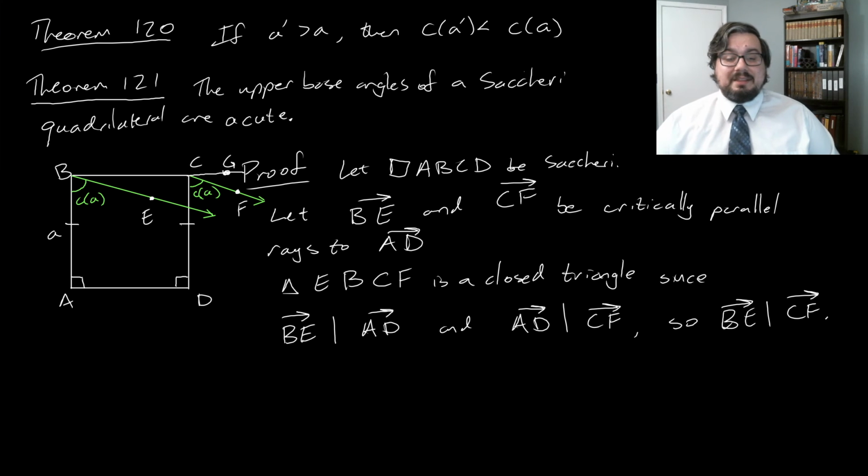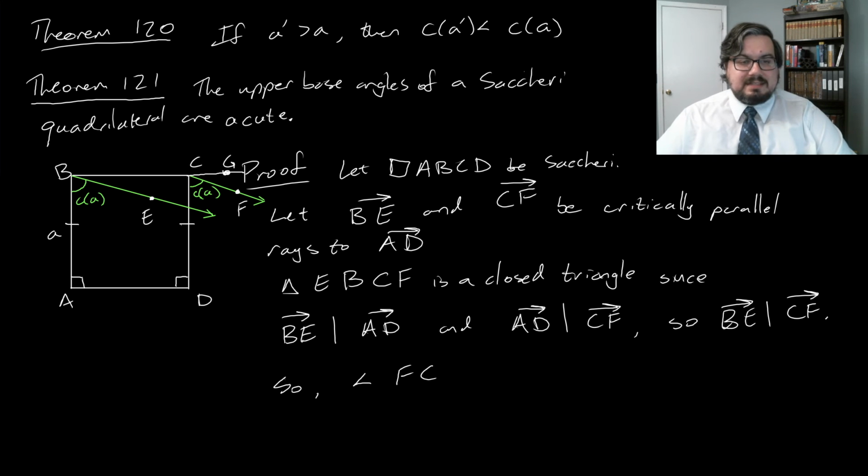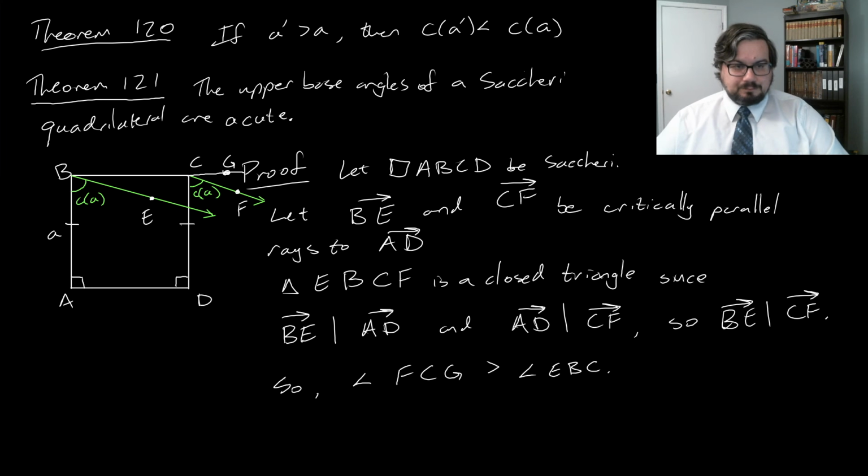So that means that the open triangle EBCF is in fact a closed triangle. And so, by the exterior angle theorem, we have that the angle FCG, which is an exterior angle to the closed triangle EBCF, has to be greater than the angle EBC.